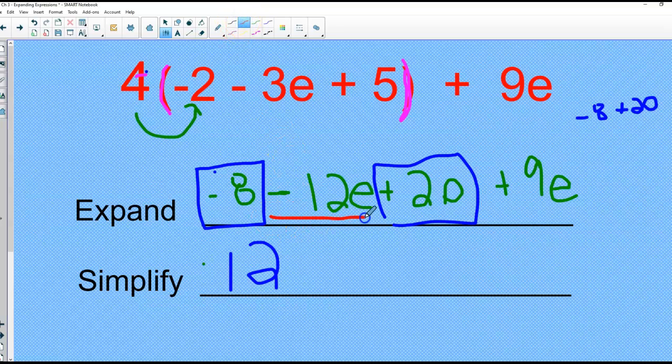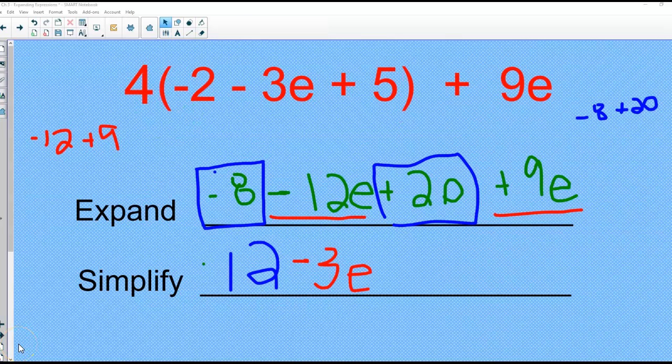So I see a negative 12e. Negative 12. And I see a plus 9e. So plus 9. So when I do that, I would get a negative 3. And I'm going to bring my e along. All right. So that is as simplified as we can go.